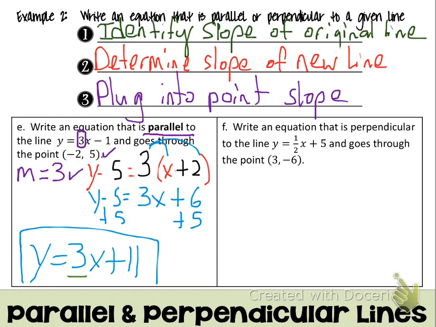F. Write an equation that is perpendicular to the line y equals 1/2x plus 5 and goes through the point 3, -6. So perpendicular slopes, they are opposite reciprocals. So my original slope is 1/2.